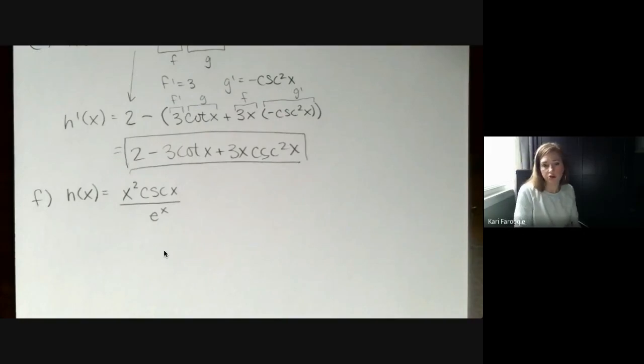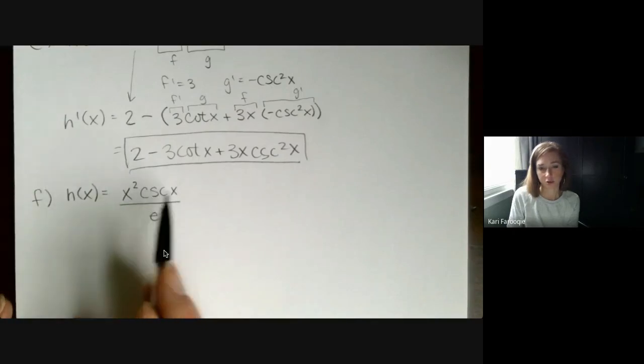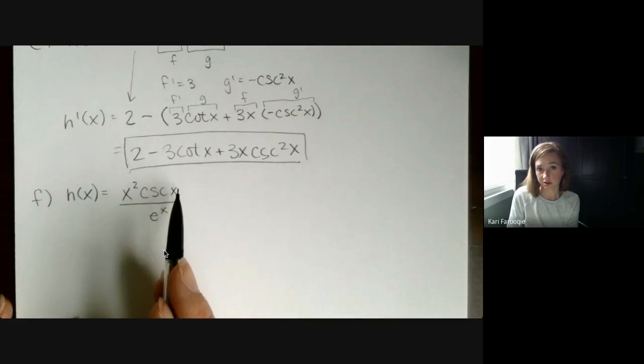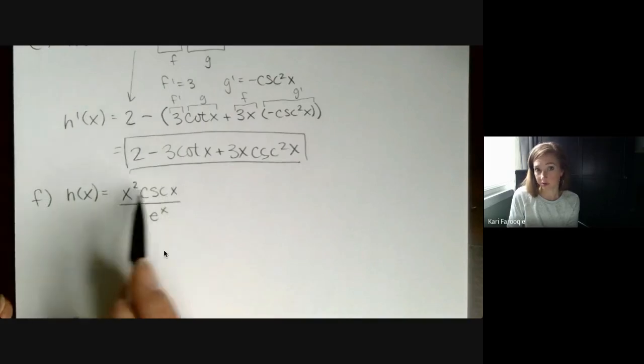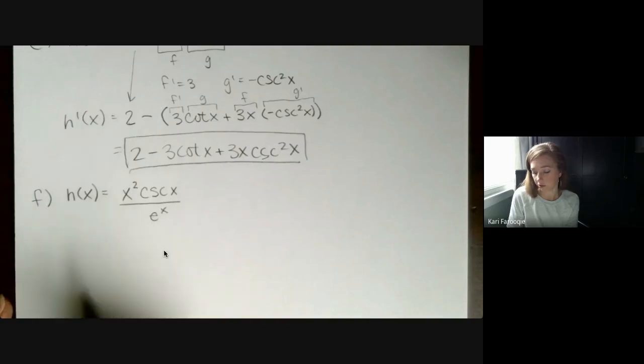Now, if you're wondering, like, maybe I could move the e to the x up and avoid the quotient rule and only use product rule, I would not do that, because if you move the e to the x up as e to the negative x, then you'll have a product with 3 different functions and you're going to have a big mess on your hands. If I were you, I'd leave it as a quotient. You don't want to have to deal with more than one product at a time if you don't have to.